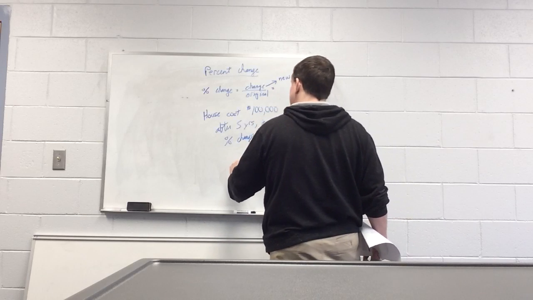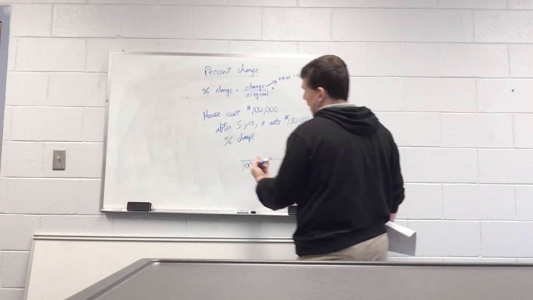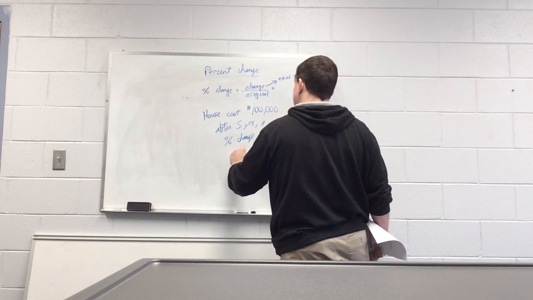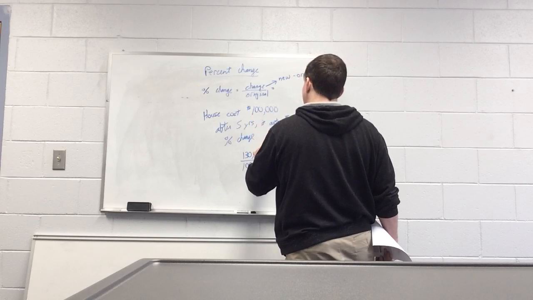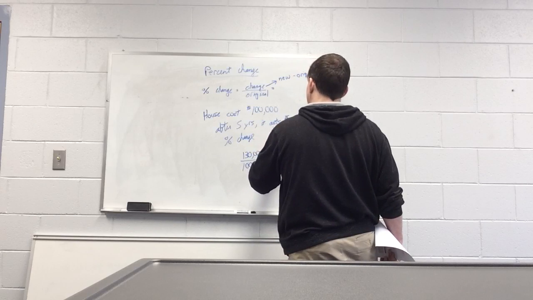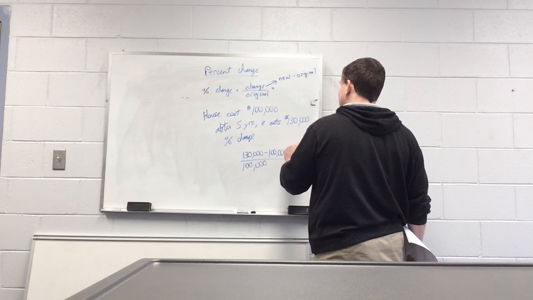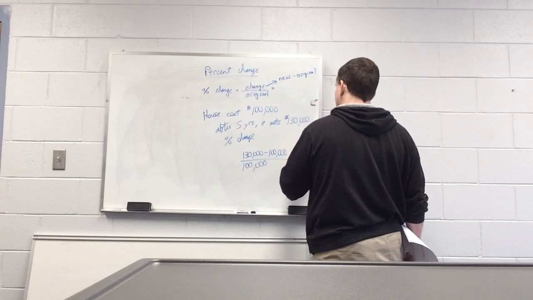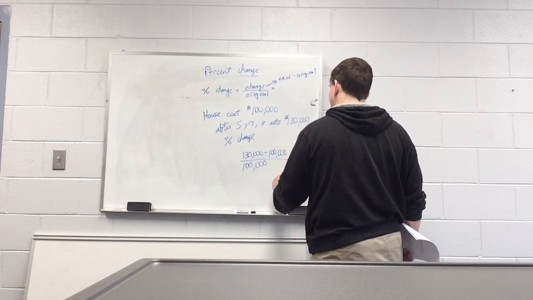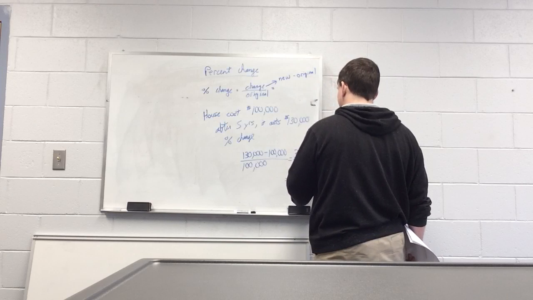The original price is $100,000. The change, the new price, is $130,000 minus $100,000. That's just $30,000 over $100,000, which if you put it in your calculator will give you 0.3, which is 30%.